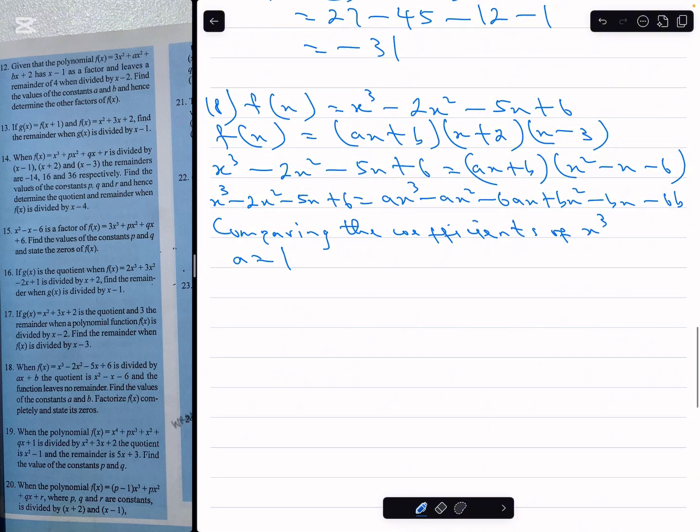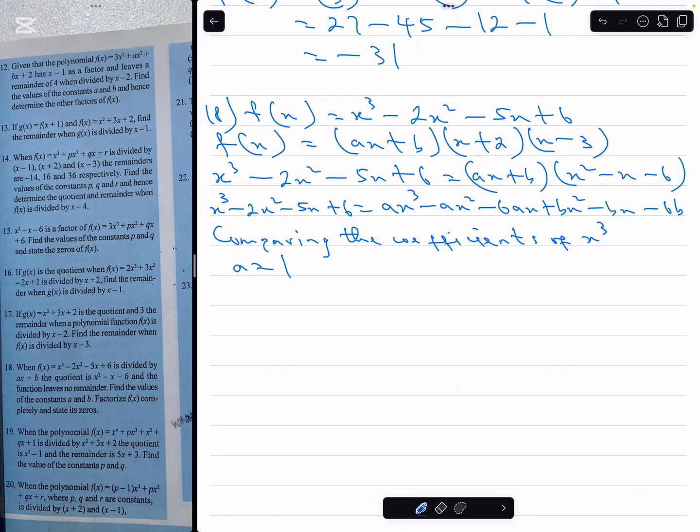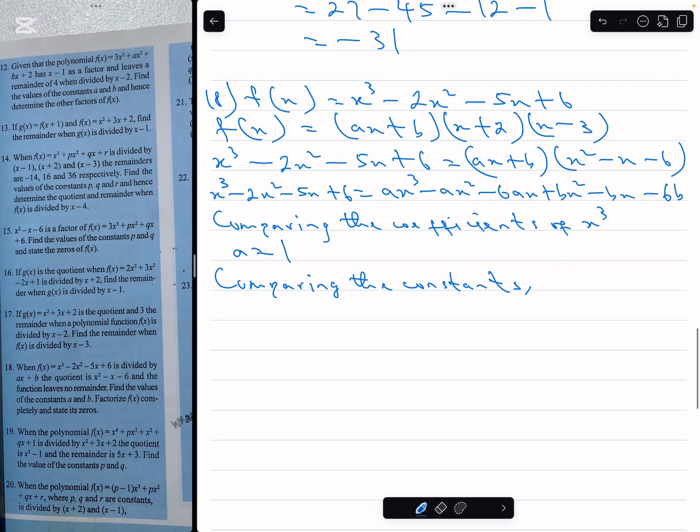Now what do I do to find b? Comparing the coefficients of x squared. No, to find b, let me just compare the constants. Yes, if I compare the constants, I'll get b. Comparing the constant terms, the constant on the right hand side is minus 6b.